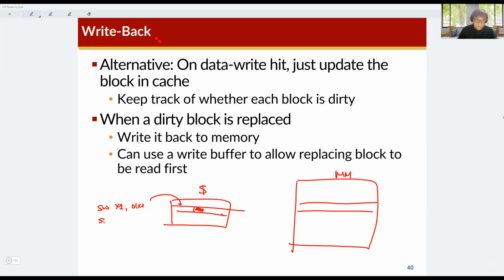And you can expect that the same cache line is updated by other store instructions. That's right, because the data of an application will exhibit spatial locality, and it's the same for store instructions.